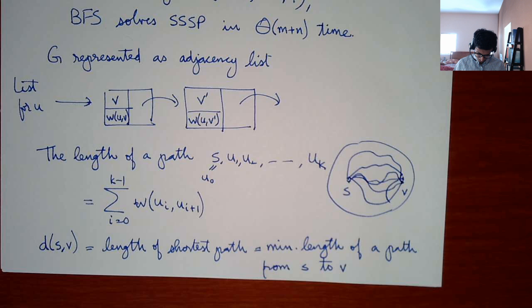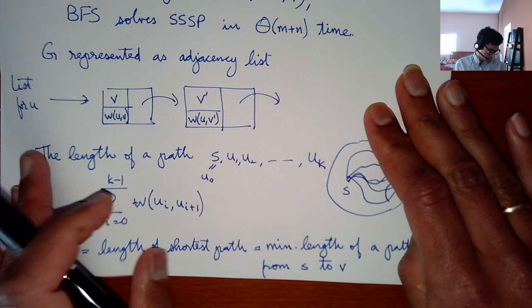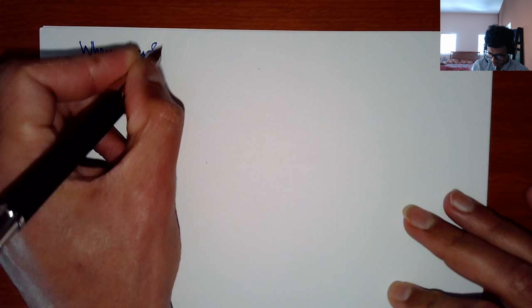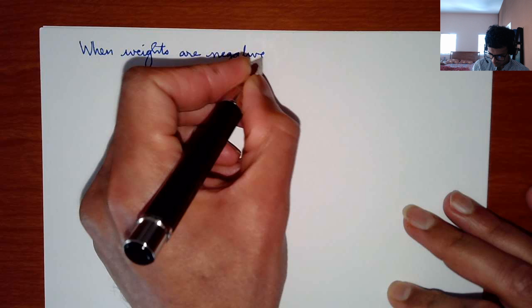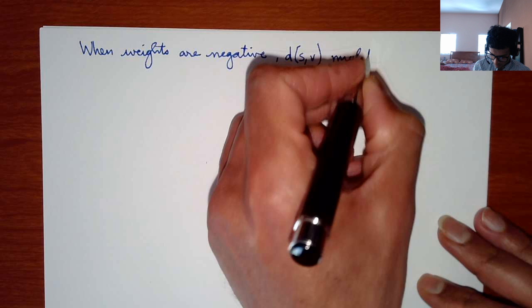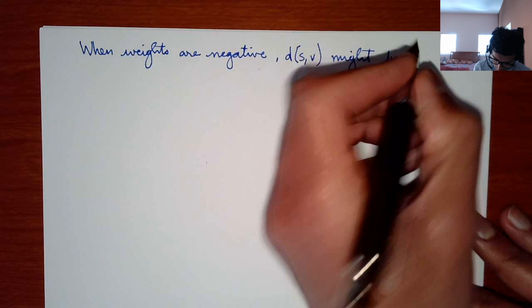Now, when we define shortest path in this manner, we have to be careful, because what if weights are negative? So, when weights are negative, d(S,V) might be ill-defined, or I'd say might not be defined.